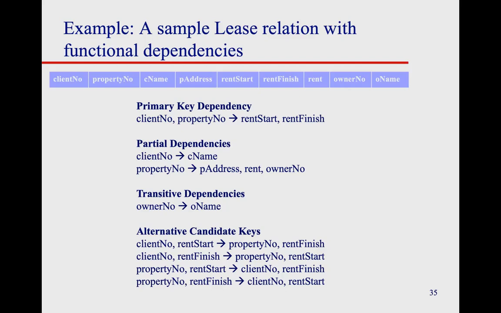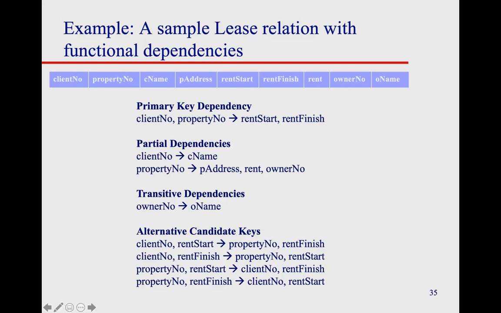Okay, so we now want to go from first normal form. This relation right now, this lease relation, is in first normal form. We're going to convert it to second normal form by removing these partial dependencies. So for each of these two functional dependencies, we're going to move the attributes in these functional dependencies to new relations.